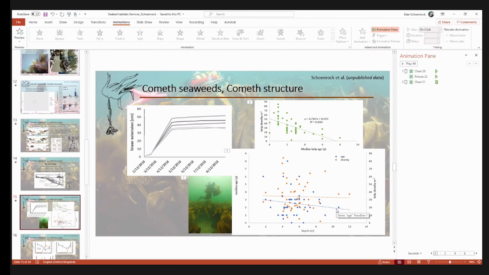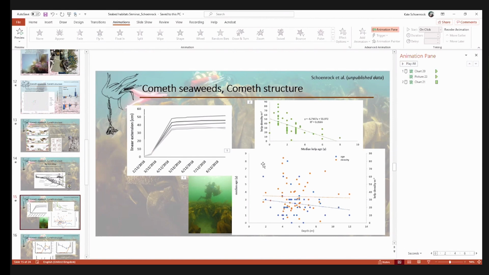That doesn't mean that we don't find a lot of older adults. I think that new individuals are recruiting into the bottom habitat annually, and so you get a lot of juveniles as well as a lot of older individuals.